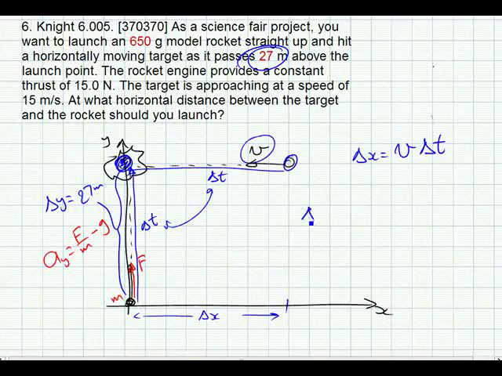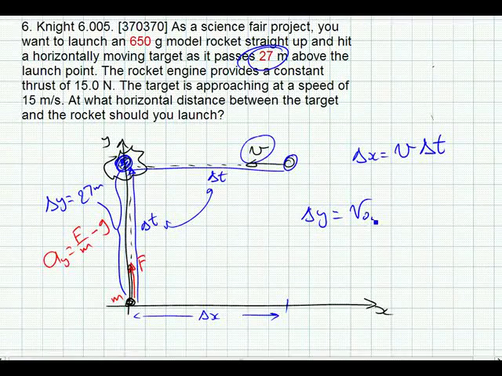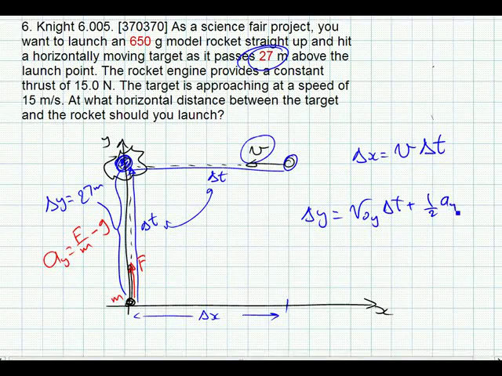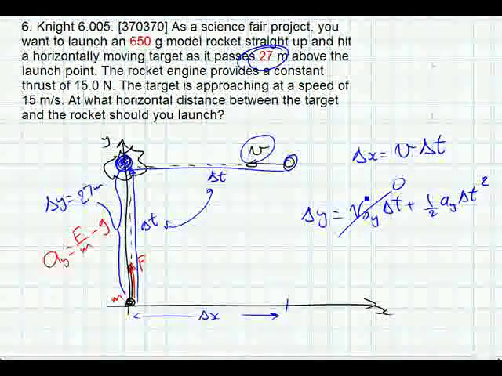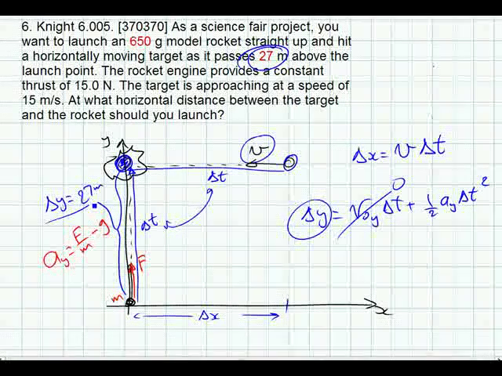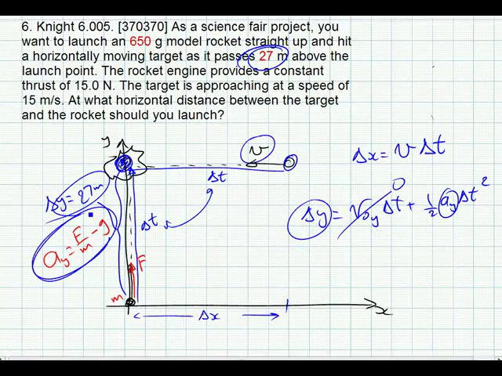So using the kinematic equation, delta y is equal to v naught y delta t plus 1/2 of ay delta t squared. V naught y is 0. We are launching our rocket. So delta y is your 27 meters. And ay is this term right here.